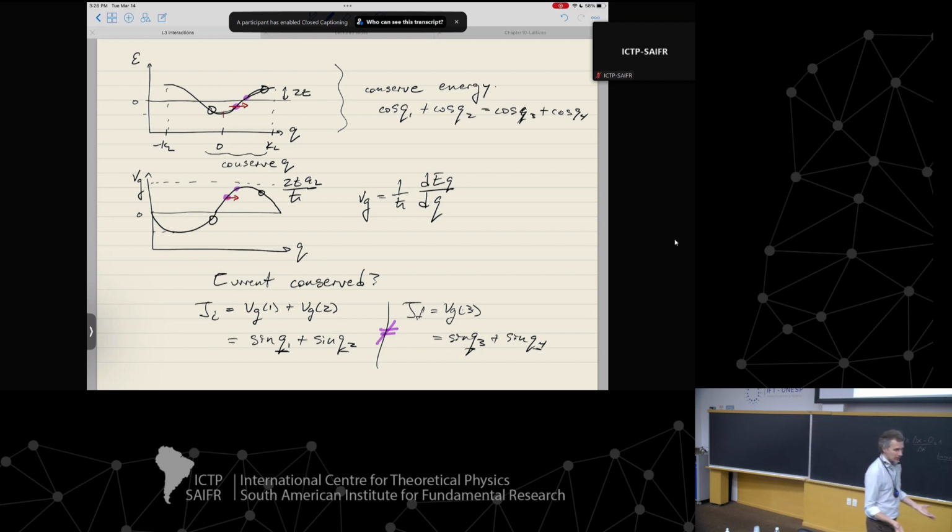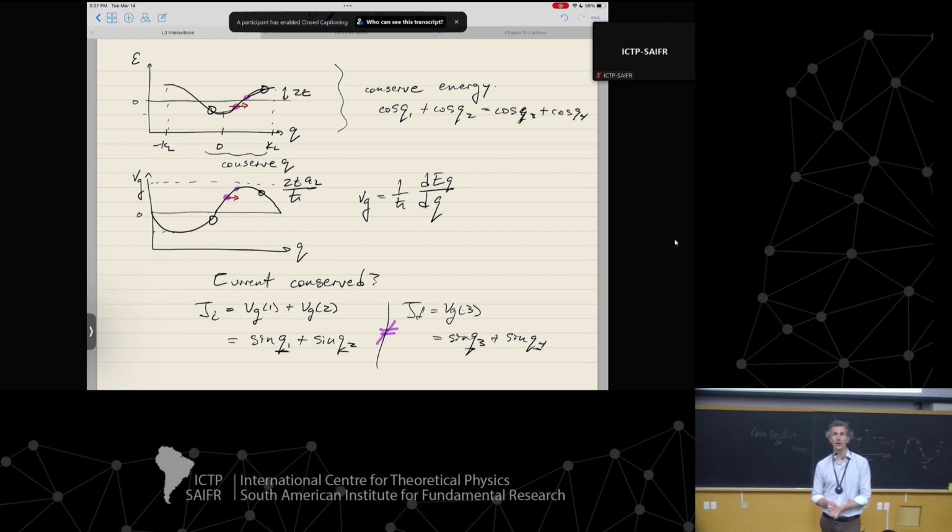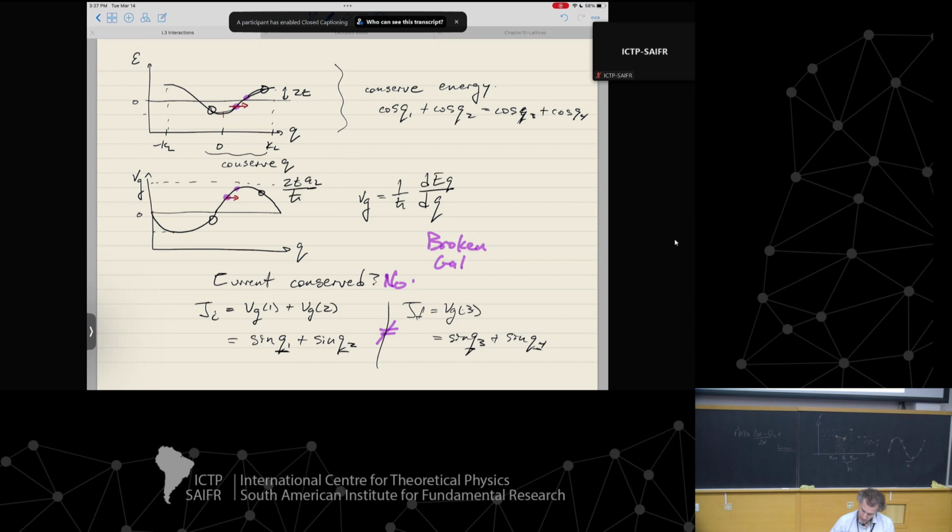So for that reason, collisions in a lattice don't conserve current, and it's very easy to have damping with collisions. So the answer to this is no. The kind of symmetry which is broken here is Galilean invariance.